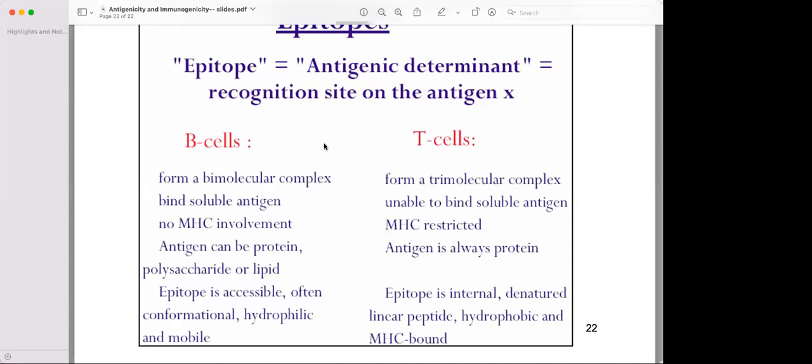What do you mean? Okay, last slide is here. Yes, it will be positive because of overlapping of epitopes. Okay, I love this. Any other question?